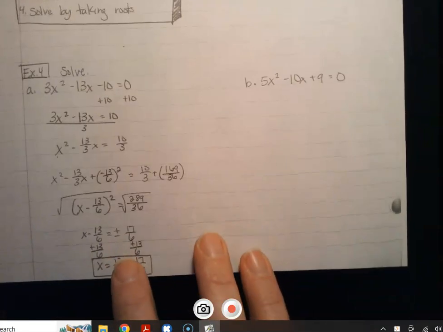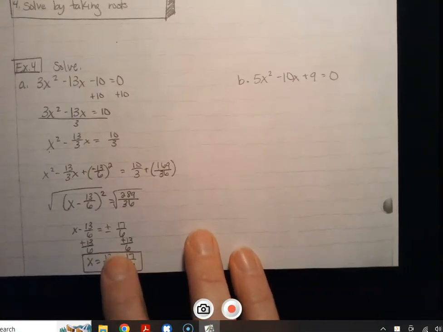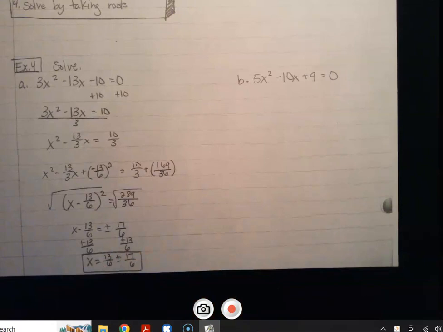Okay, so then let's look at example 4 here. Earlier you asked, what do we do when we have a number in front of our x? There's a couple of hiccups in this problem. We're supposed to have x squared plus bx equals c. Well, the c, the constant, is on the left side.